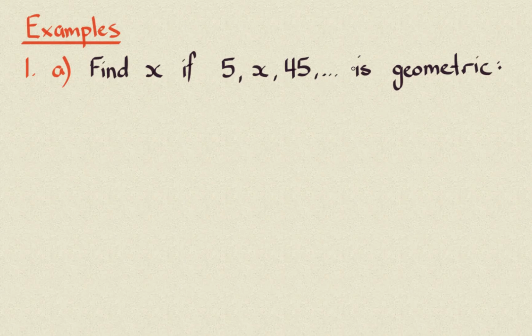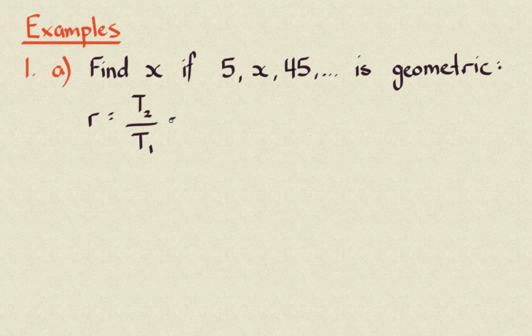So if this is a geometric sequence, then we have a common ratio as we go from one term to the next. That means that the common ratio r is equal to any given term divided by the term before it. So t2 divided by t1 will give us the ratio, but we don't know x.